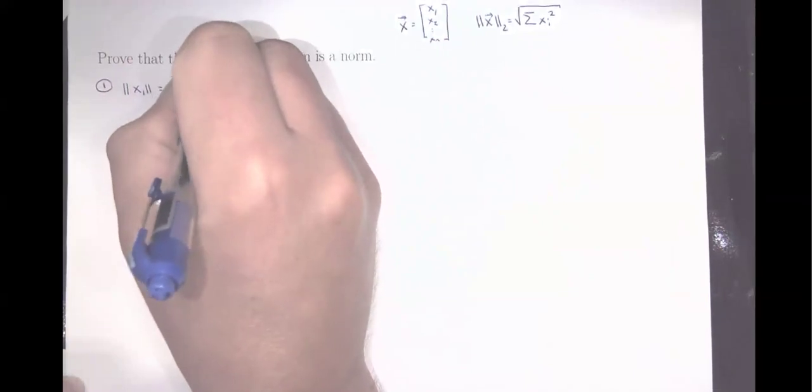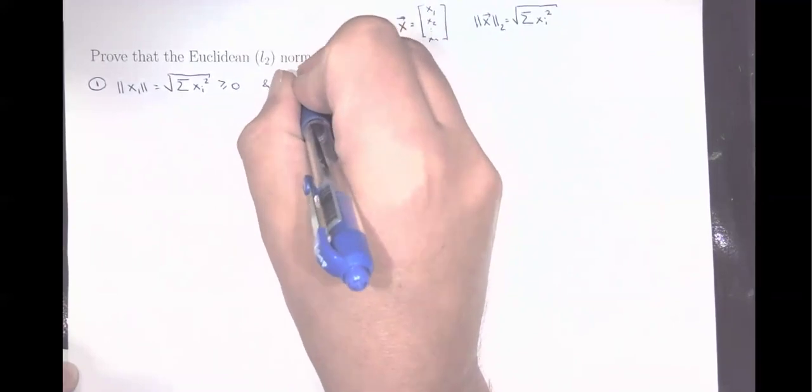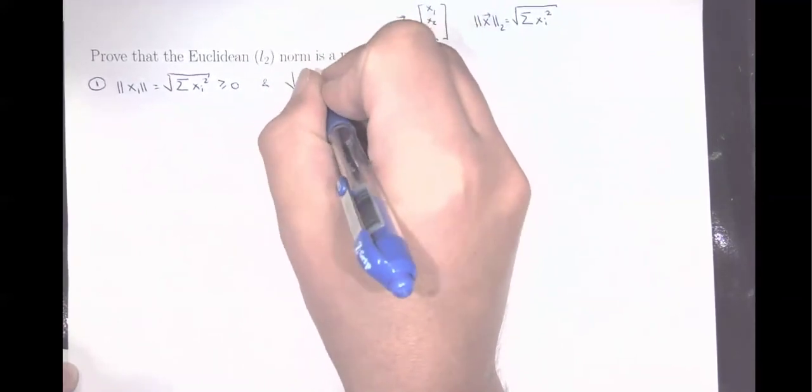And so positive definiteness, we know that the square root of anything is going to be greater than or equal to 0. So the norm is the square root of the sum of the xi squares, which is greater or equal to 0, because any square root is greater than or equal to 0. And the only time that the square root is equal to 0 is when the thing inside the square root is equal to 0.